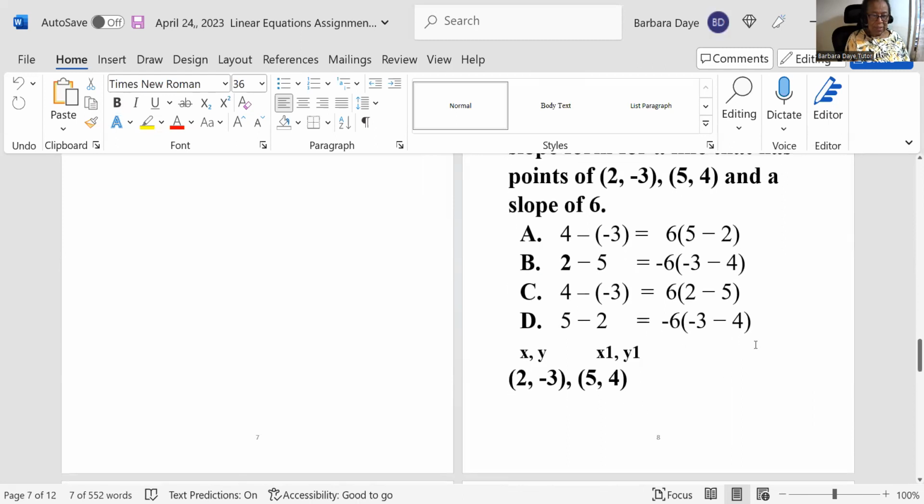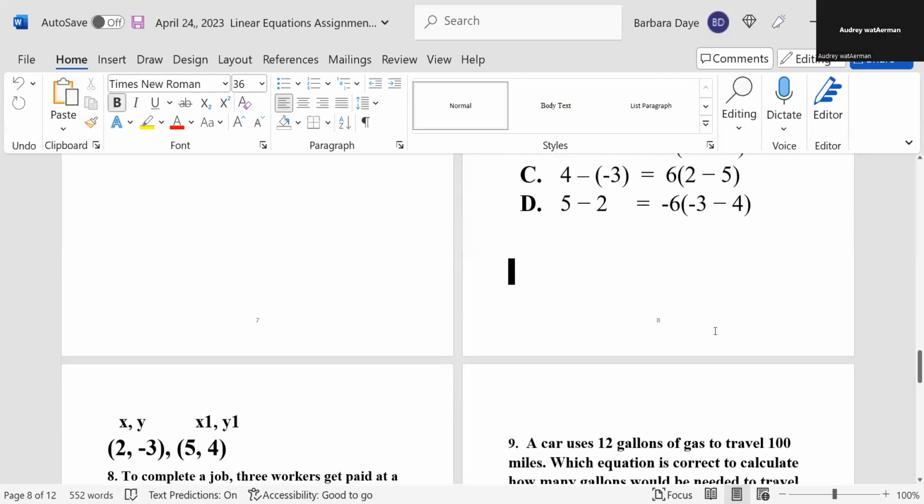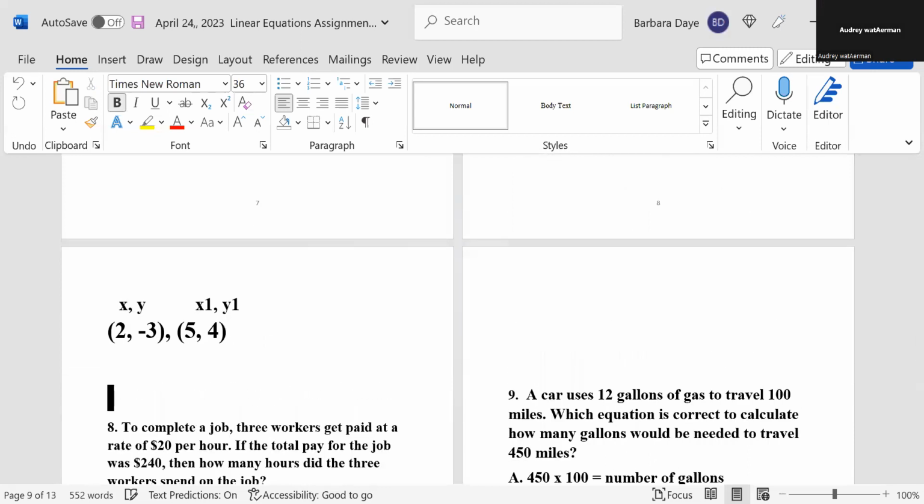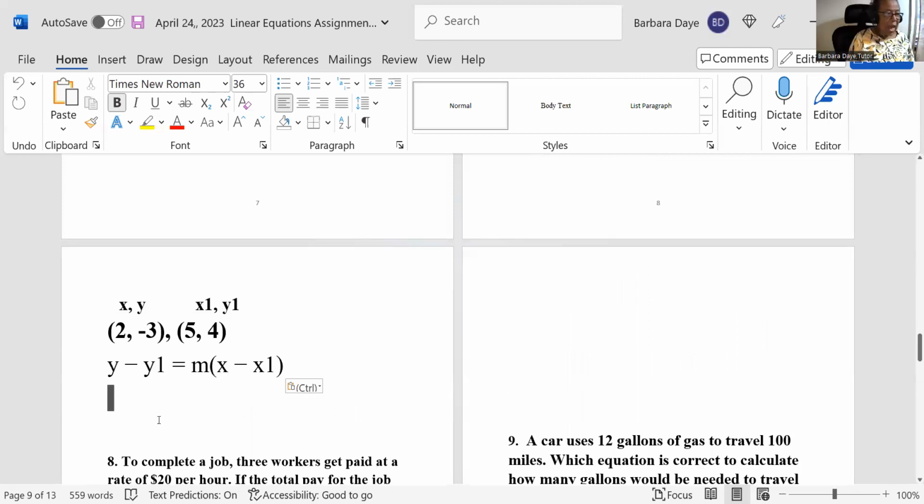Here's the formula I need you to substitute. Now what is y, Audrey? Y is -3. Don't throw away the sign. What is y1? 4.